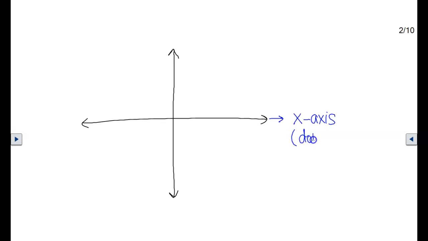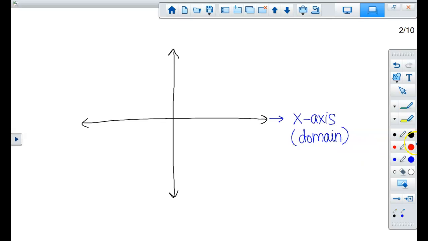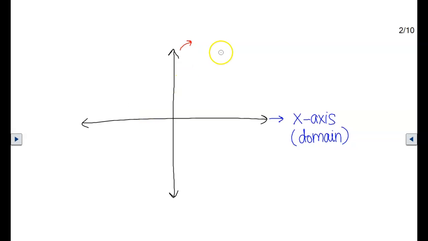And the x-axis is what's going to give us the domain. Okay? Tomorrow we will actually be focusing on range, which is the set of all y values. So this is my y-axis, and it will give me the range.